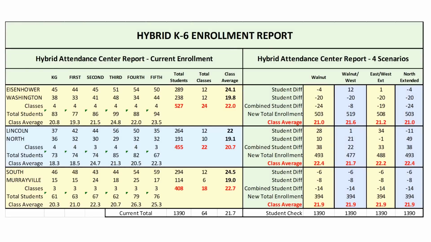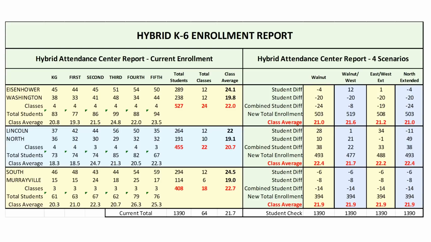I first looked at the feasibility of a hybrid attendance center model by examining the differences that would be created between the 3 pairs of schools with the current scenarios that we're looking at in this limited boundary process.